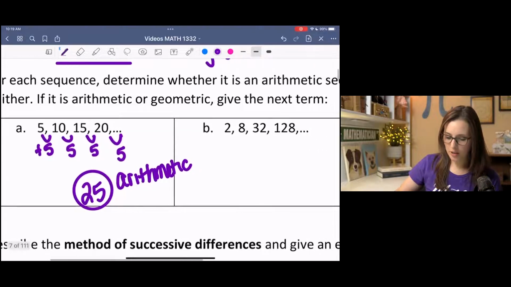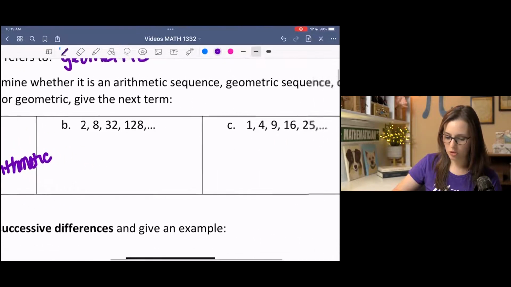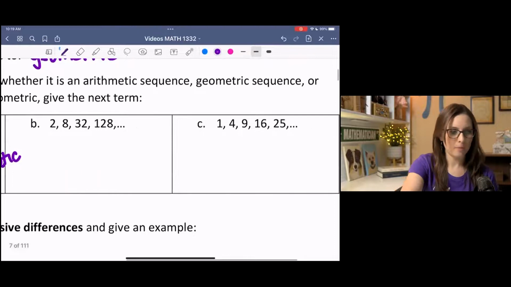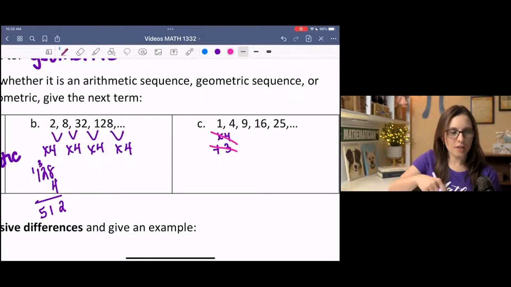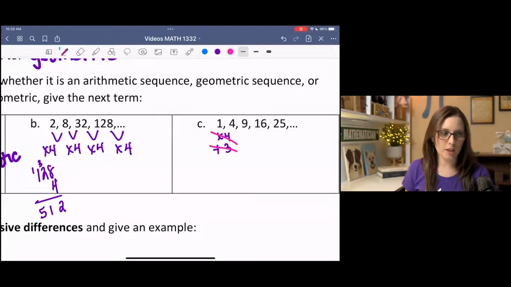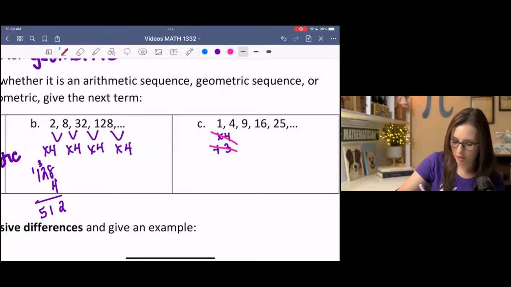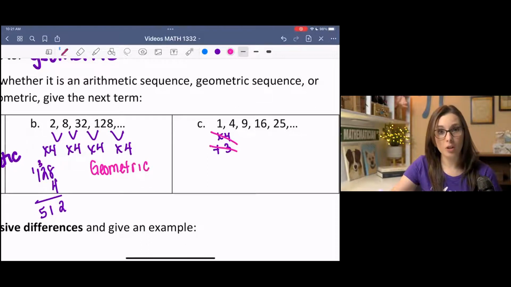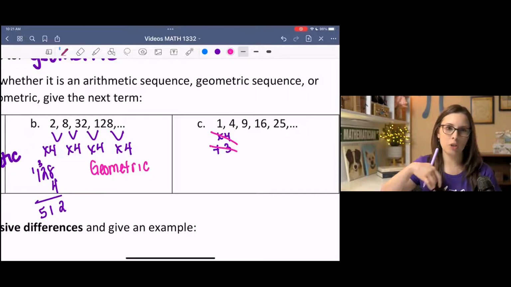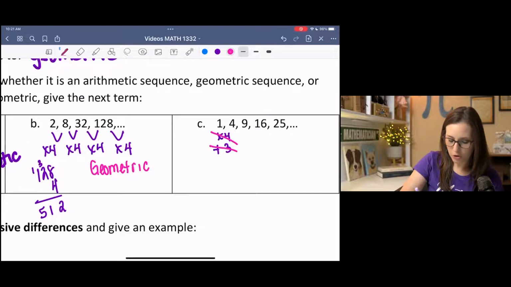Now pause the video, try the next two, and come back. The second example here, part B, is a geometric sequence because we are multiplying by 4 each time. 2 times 4 is 8, 8 times 4 is 32, and so on. So your last step is 128 times 4, which is 512.